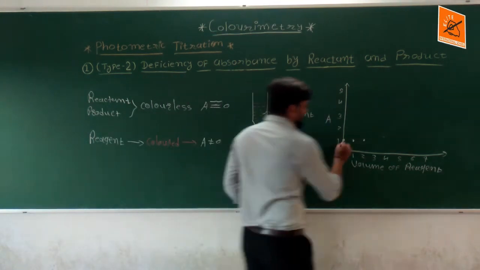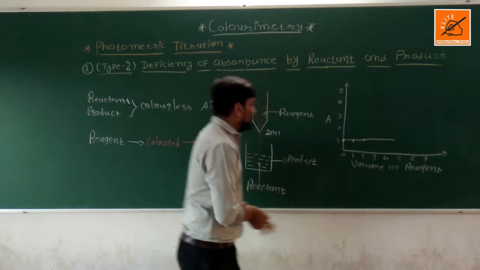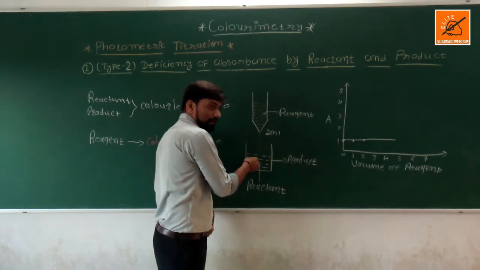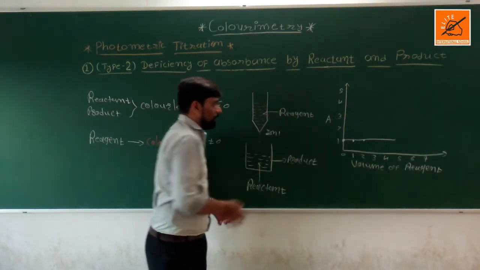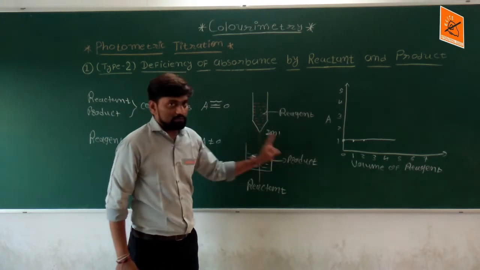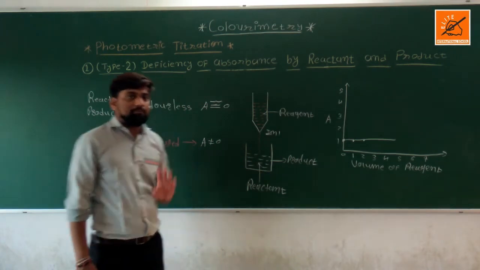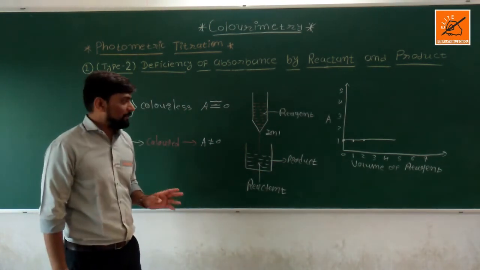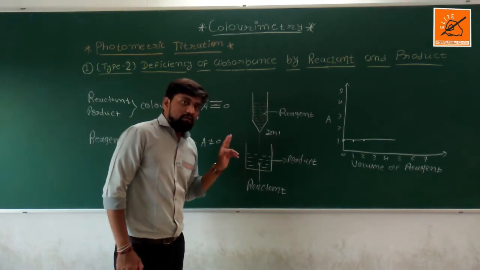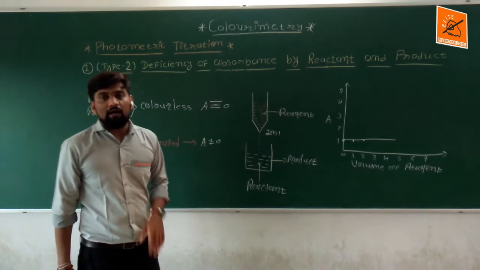Up to the end point the absorbance value will be constant, because the reagent is converting into the product. So this colored reagent converts into the product, and this product is formed in the flask. It is also colorless. That's why the absorbance given by them is constant, because the product and reactant are both colorless.